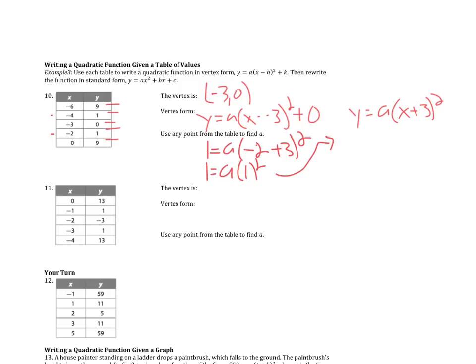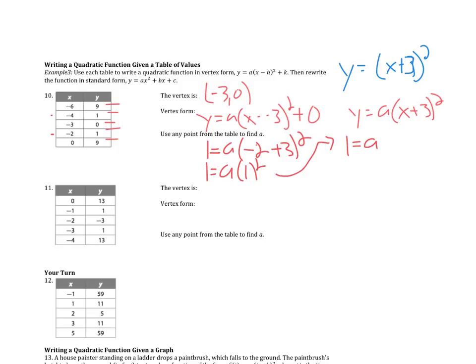And nice thing about picking it just on either side like that, 1 squared is just 1. So we get 1 equals a times 1, which is just a. So then our equation for this would be y equals 1 x plus 3 squared. And that's our answer.